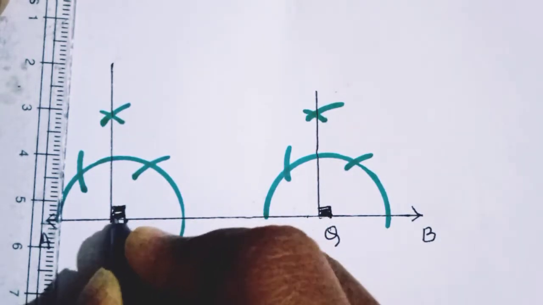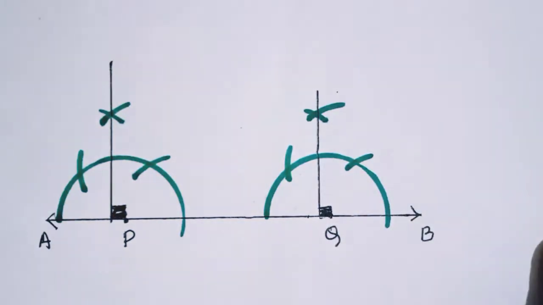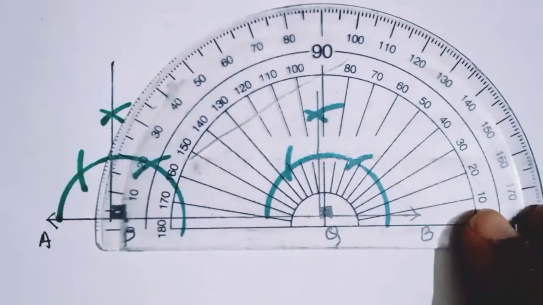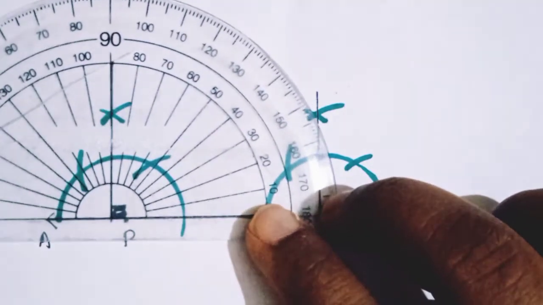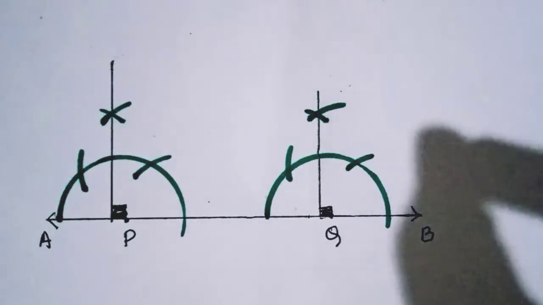Now take out your protractor and check the measure. Yes, you can see the protractor when it is placed on the baseline. They both are exactly 90 degree.